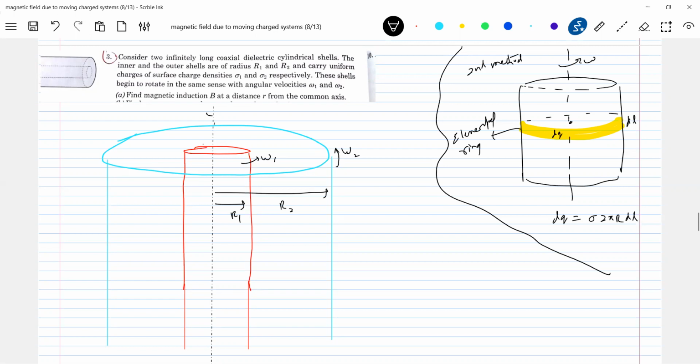Charge densities sigma 1, any sense. Okay, I'll do one thing. I'll take clockwise. Earlier I took this one. I'll change the sense of rotation. Now get into the problem.